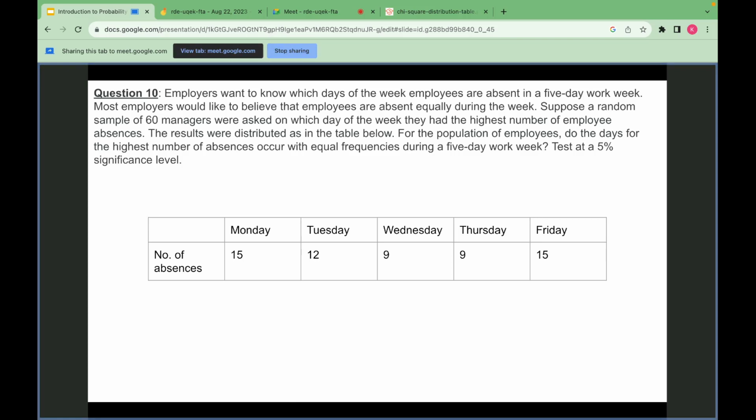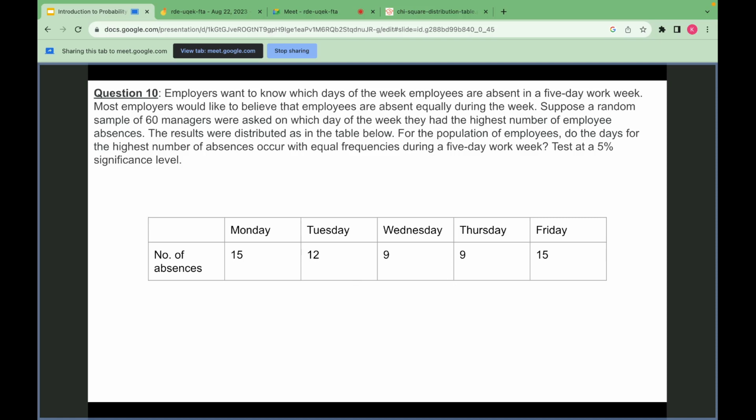Okay, so this is the number of absent people on Monday, Tuesday, Wednesday, Thursday and Friday. Here we want to check whether the highest number of absent people are equal throughout the week.